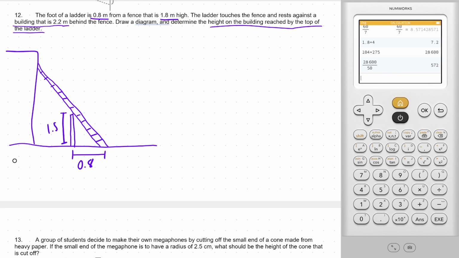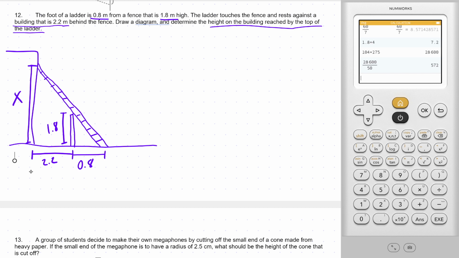So 1.8. All right. Now, the distance from the fence to the building is 2.2. And it says determine the height of the building reached by the top of the ladder. So this length right here is my x. That's the thing I want to find out.